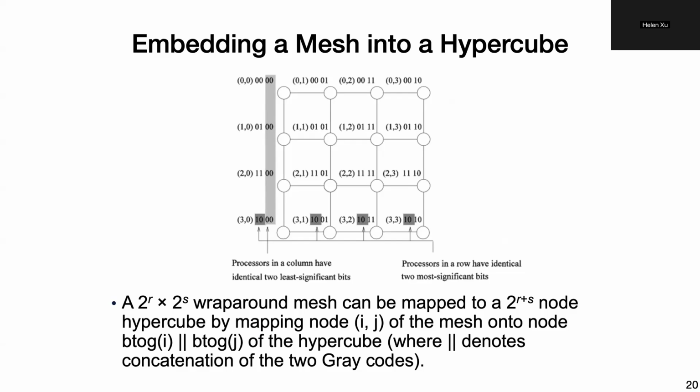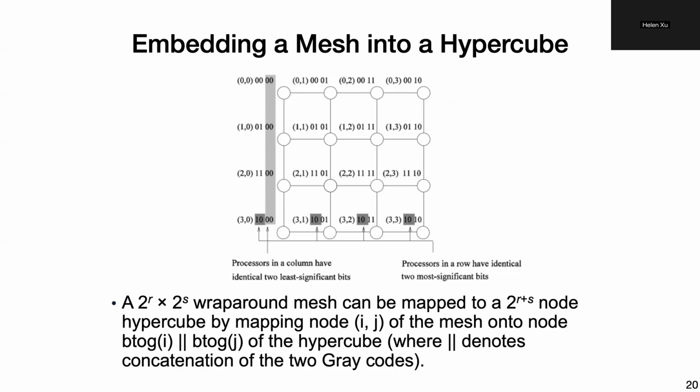And we map node ij, so we can index the nodes in this mesh with row index and column index ij, into the hypercube by concatenating the 2 binary to gray codes. So in the mesh, we have some index like 2, 1, and we map that into binary to gray.